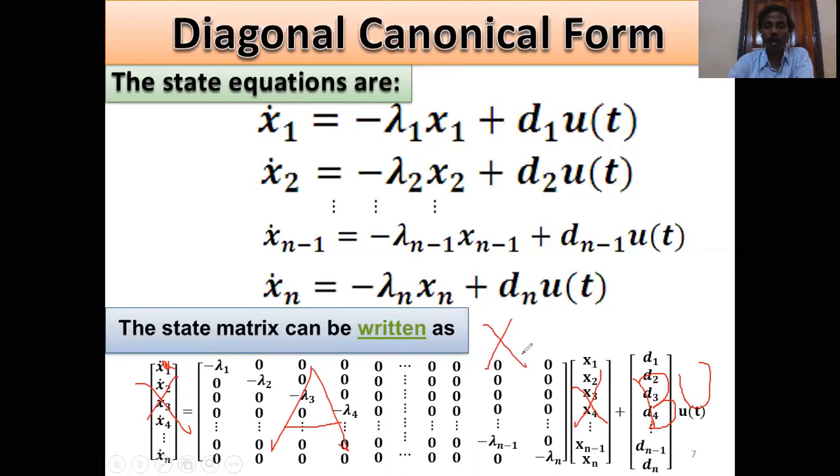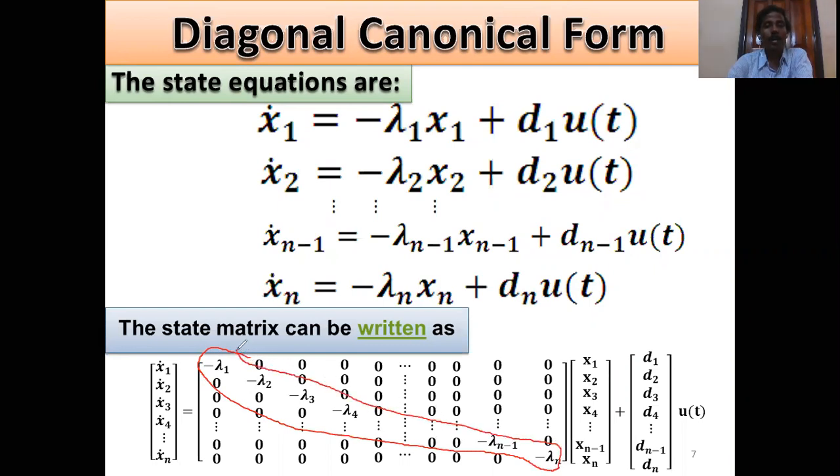So our general form is x dot equals AX plus BU, where the A matrix is only a diagonal matrix, because only the diagonal has minus lambda 1, minus lambda 2, minus lambda 3, up to minus lambda n, and all other values are zeros.